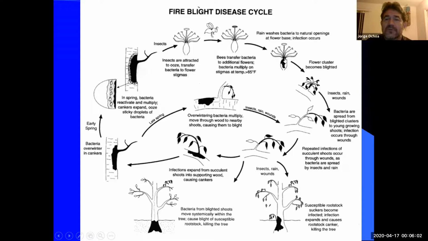The bacteria will then enter the flower through the nectar glands. Those natural openings found on the flower secrete the nectar, and it's going to make its way into the flower, eventually into the flower stem, and it's going to rapidly kill the tiny branch.